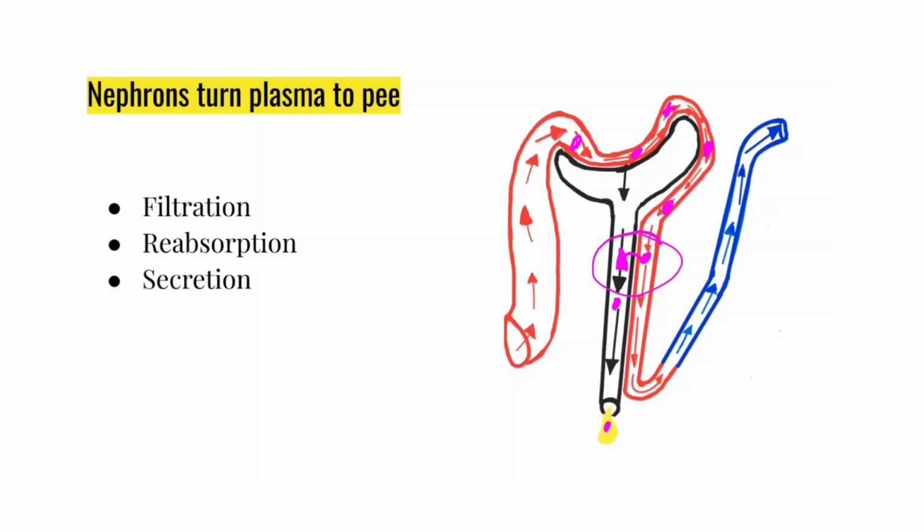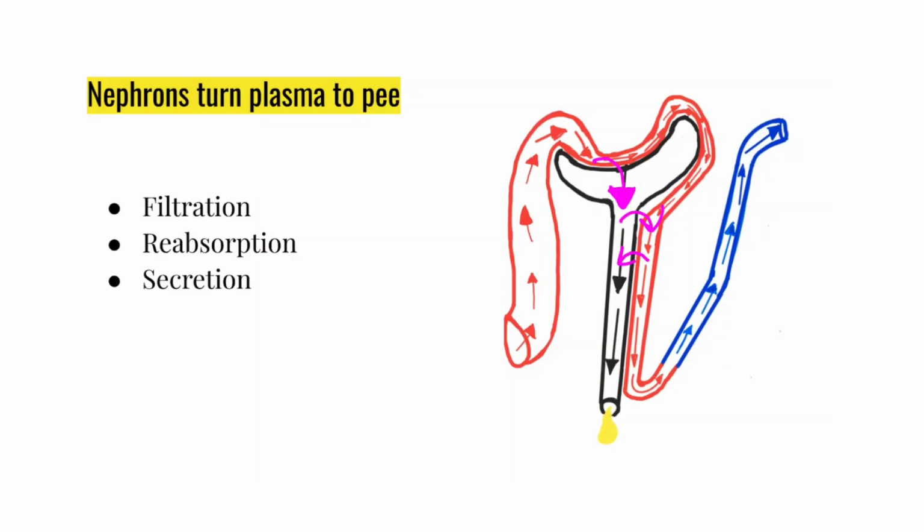So filtration, the goal is to put a bunch of fluid into this tube, including both things we want to get rid of and things we want to keep. Reabsorption is to put the things back we want to keep. The secretion is a further way of getting rid of things we really would like to lose.